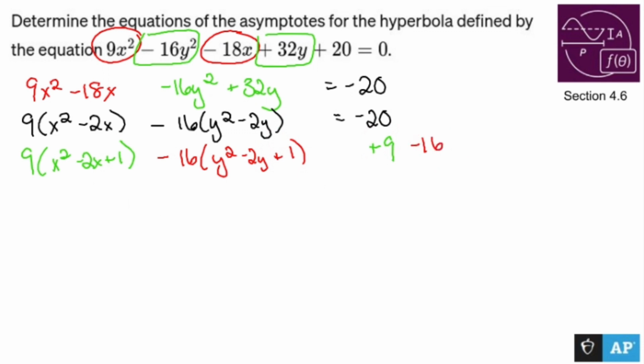So now what I get is 9 times x squared minus 2x plus 1, minus 16 times y squared minus 2y plus 1, equals negative 36 plus 9, which is negative 27.